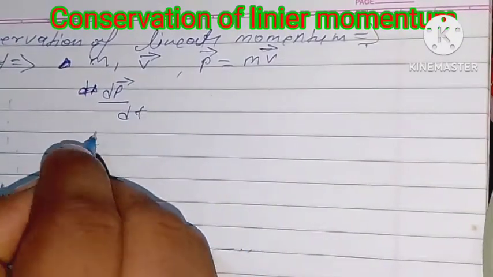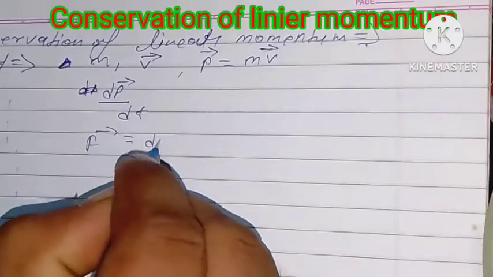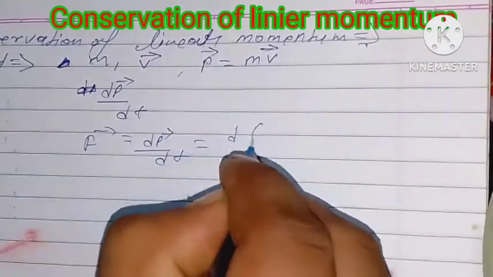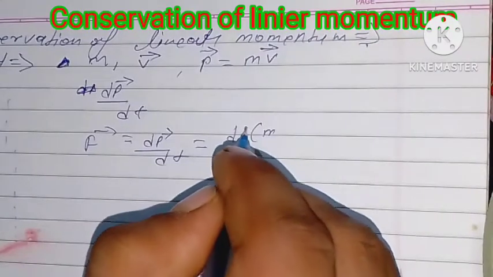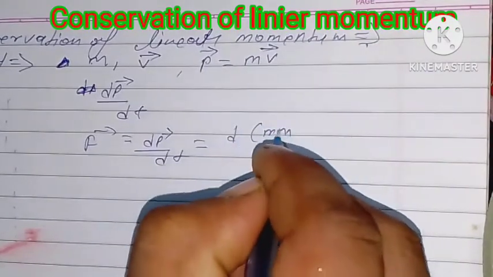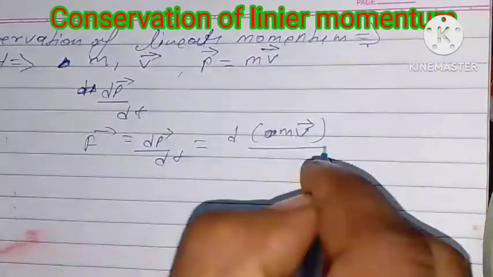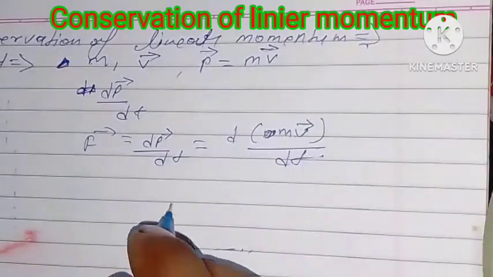So force F equals dp upon dt, which equals d upon dt of momentum p equals mv, that is m dv upon dt.